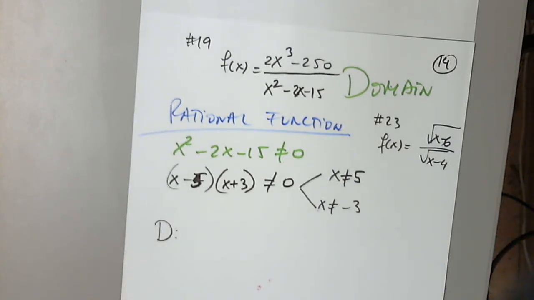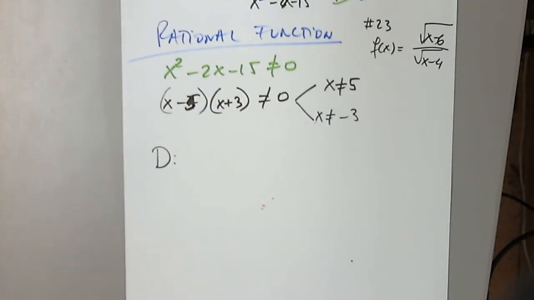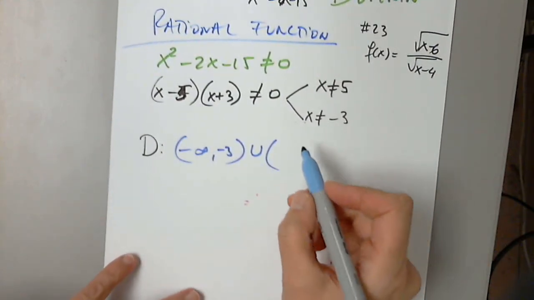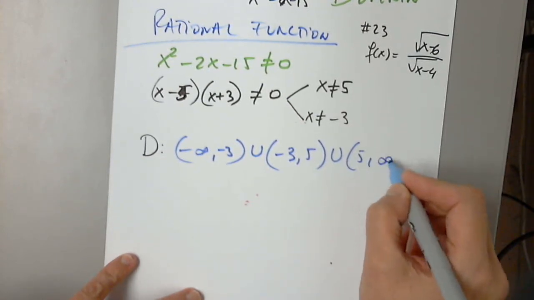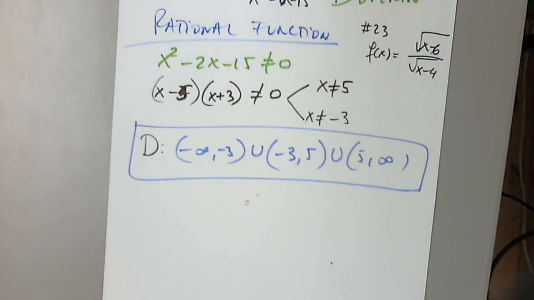So how do I write the domain? Negative infinity to negative 3, union, negative 3 to 5, union, 5 to positive infinity. Great job. Excellent. This is the way we write a domain in interval notation. Thank you. Well done.